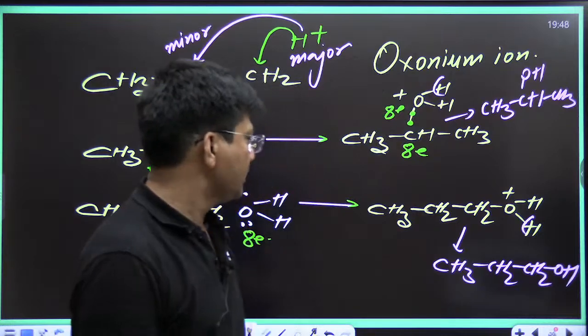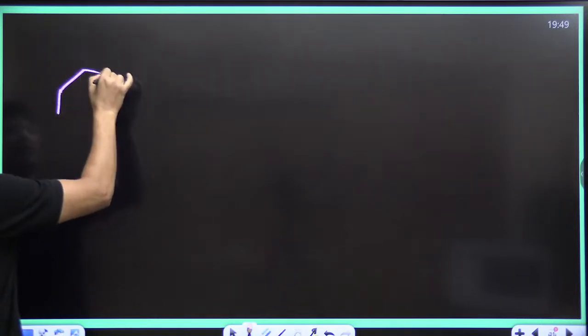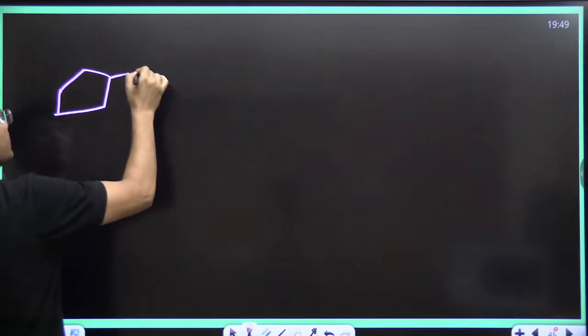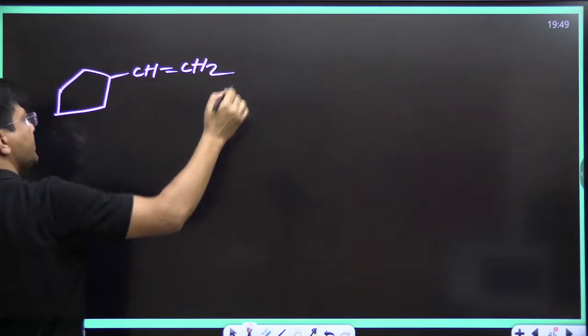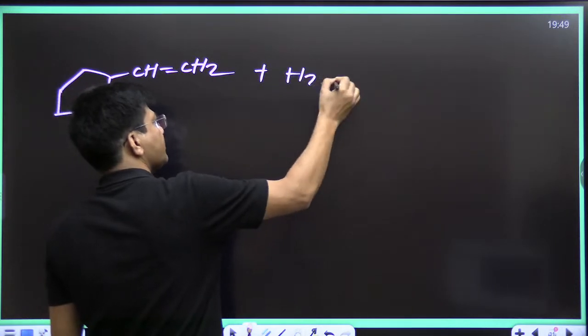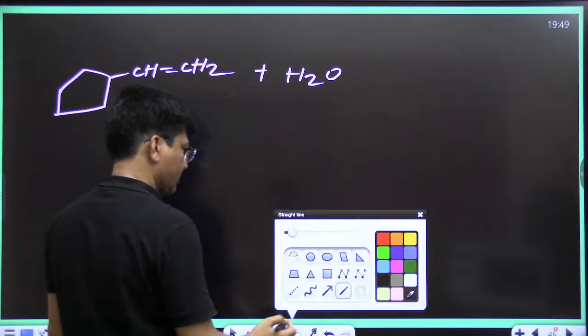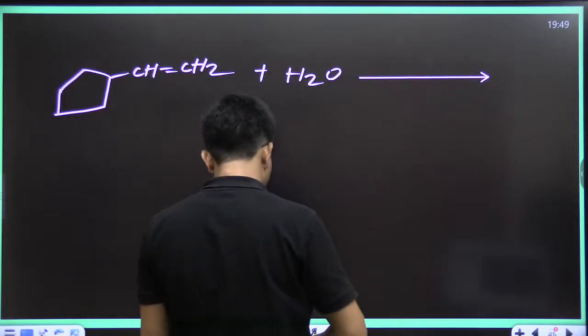Now, for example, if somebody is going to give you an alkene like this, and they have given water in acidic medium, what do you think, what products are you going to write down over there?